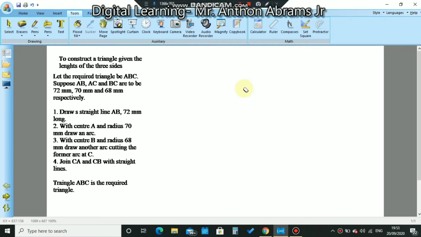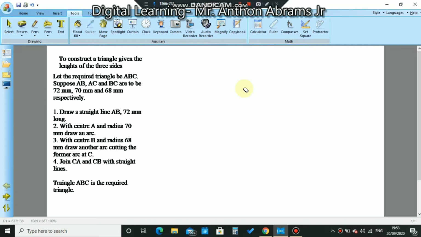And we continue with the construction of triangles, and today we will be looking at the topic: to construct a triangle given the lengths of the three sides. By now you should know that if we are given the length of three sides, we're talking about a scalene triangle.